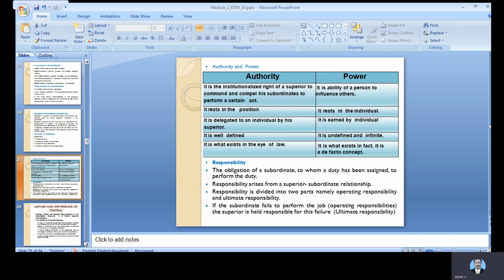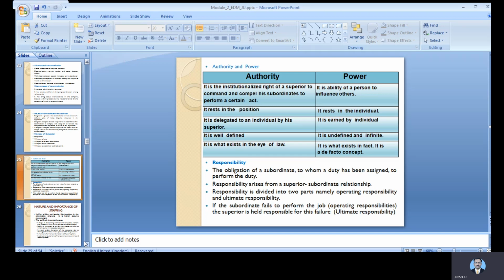So what do you mean by responsibility? It is very important to be responsible for the industry, and towards the subordinates to whom a duty has been assigned, and to perform the duty. Responsibility arises from the superior and subordinate relationship as well. Responsibility is divided into two parts, namely operating responsibility and ultimate responsibility. Based on the requirement of the job, you have to take it up and accomplish the task for the betterment of the industry or the academic institution.